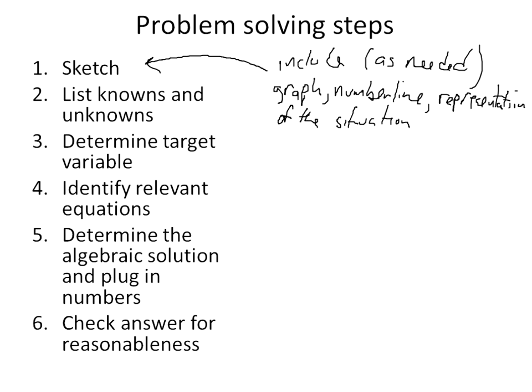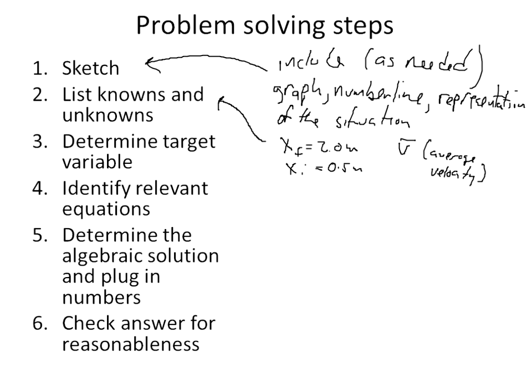A list of knowns and unknowns. So typically you'd give a certain value. If you know that the final position is 2 meters, you know the initial position is 0.5 meters, you know the average velocity, V stands for velocity.